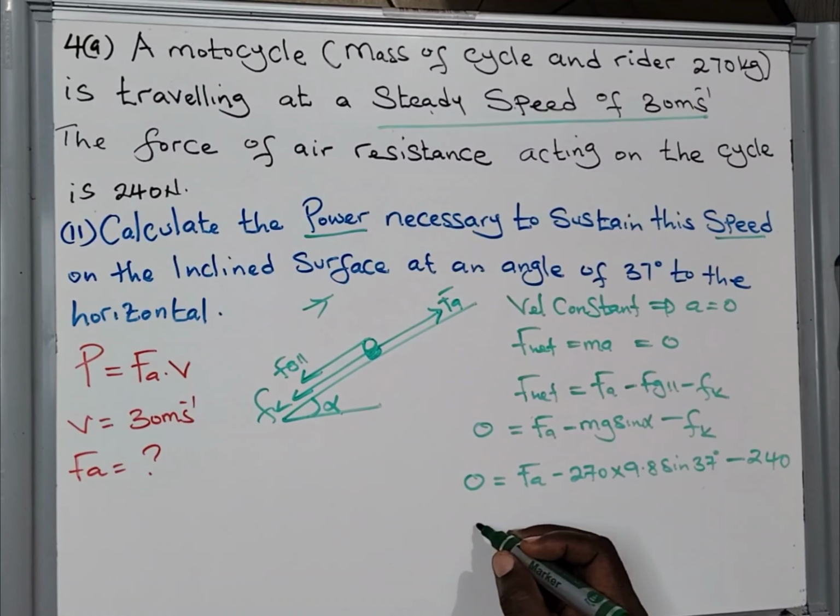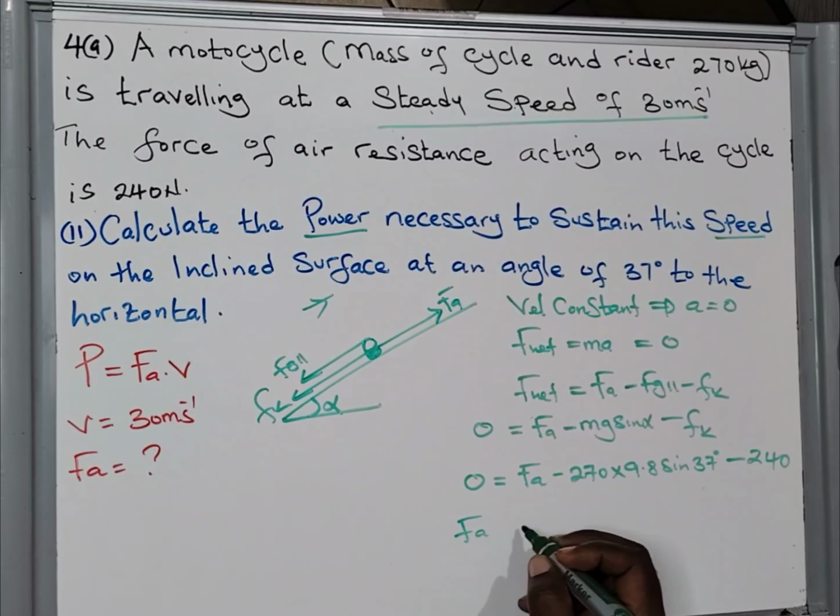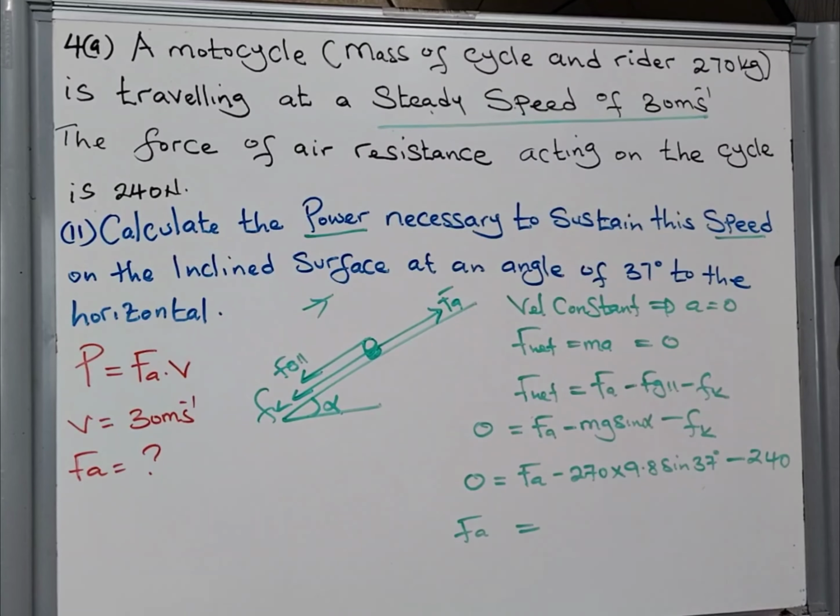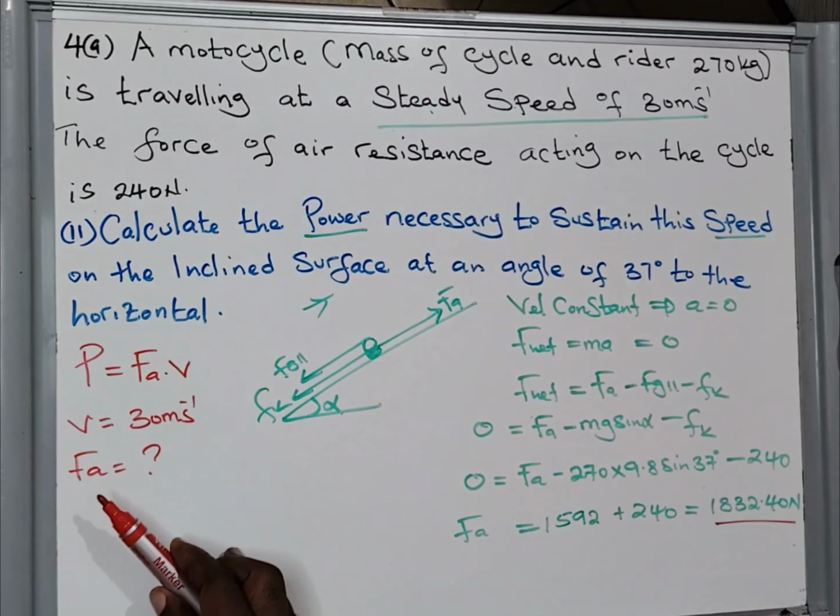So from here, you are going to have our Fa. All those are values, so Fa is the only unknown. So that is it. We have our Fa, and it was the only missing piece to calculate our power.